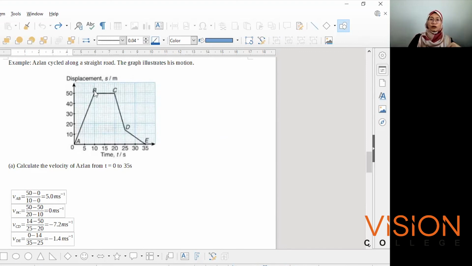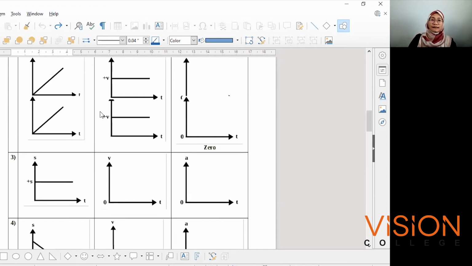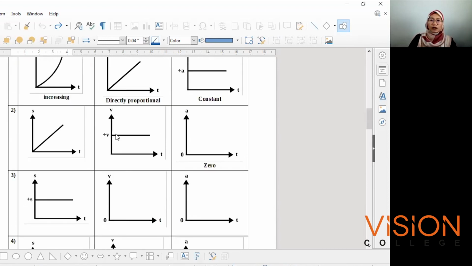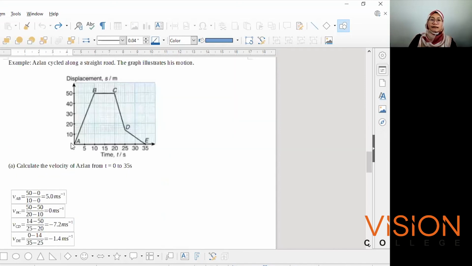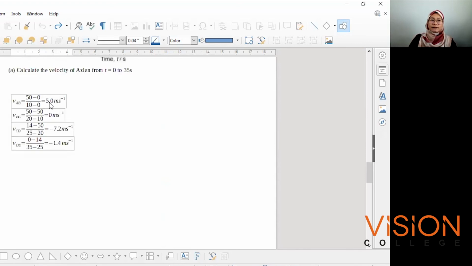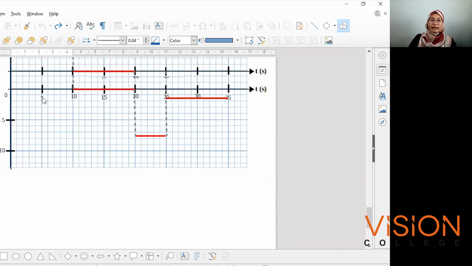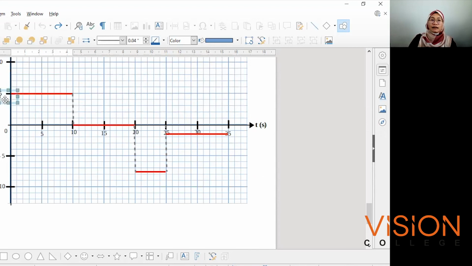Now we want to do the velocity-time graph. If it's increasing, the velocity-time graph is constant like that. So from 0 until 10 seconds, the whole thing must have the same value. Hence, even though the answer here is 5 meters per second, it is 5 meters per second in the graph from 0 until 10 seconds.